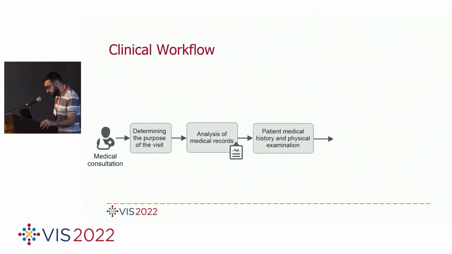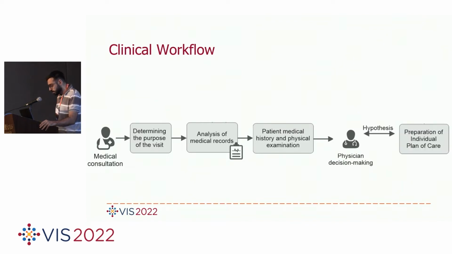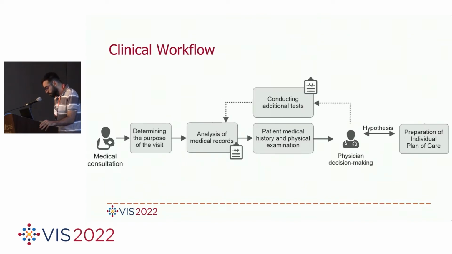Then, the physicians check the patient's medical history, such as previous surgeries, and perform a physical examination. In the decision-making phase, the physician can create a hypothesis in order to prepare an immediate plan of care, and additionally conduct tests to confirm or to discard the hypothesis. If the physician feels comfortable, he can provide the diagnosis and start the treatment of the patient.